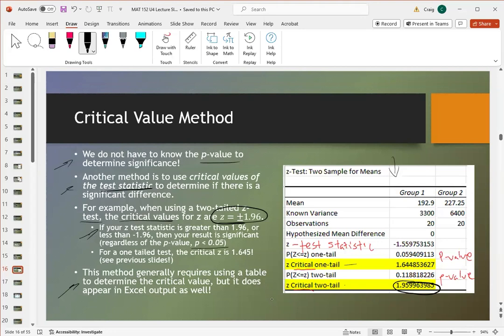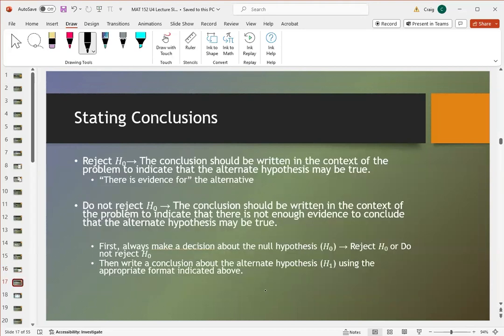If you're given the choice, I would always suggest the p-value method, but I'm going to show you the critical value method as well, and we'll do both in the examples that are coming up. If you have a rare sample, right, then we can reject the null hypothesis. If the sample is unlikely to happen, if the probability is less than 0.05 or less than our significance level, then we can reject the null hypothesis.